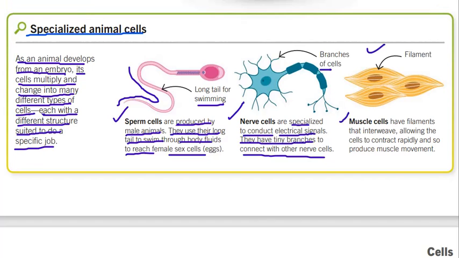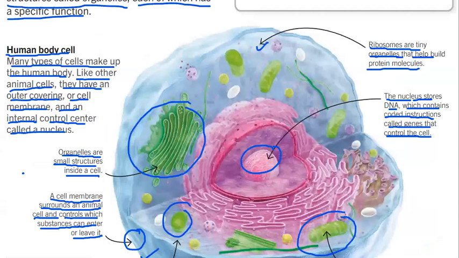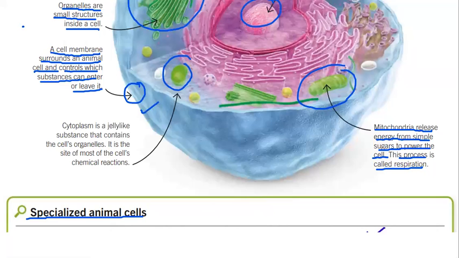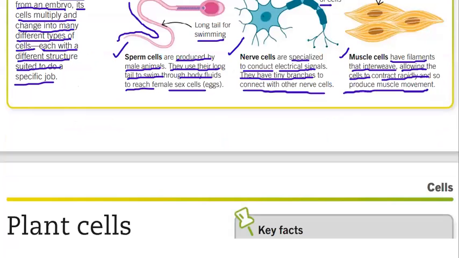Muscle cells have filaments that interweave, allowing the cells to contract rapidly and so produce muscle movement. This is what we saw in specialized animal cells. Here we saw the human body cell. This is the most important, crucial, fundamental information required for everybody studying cells.